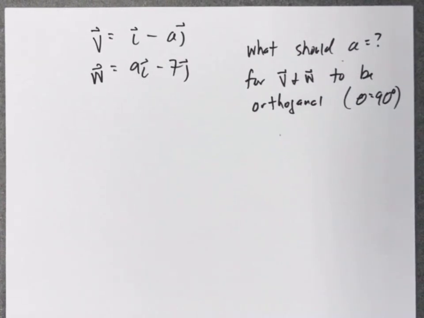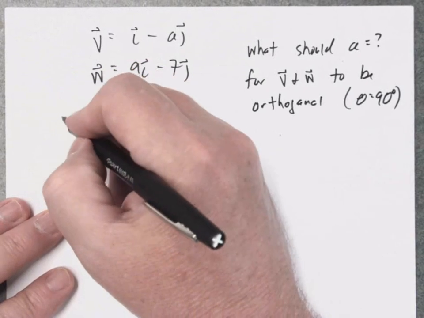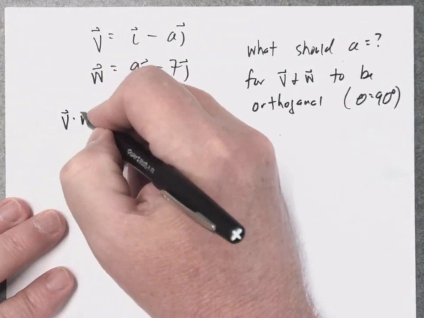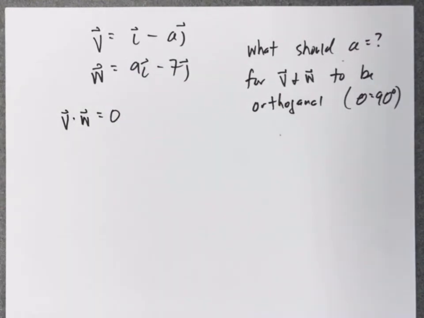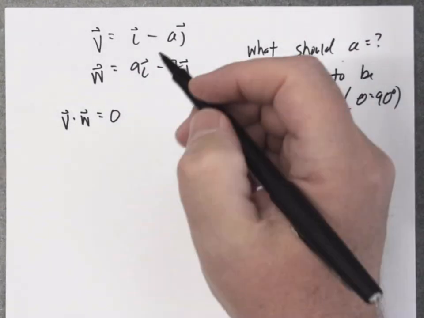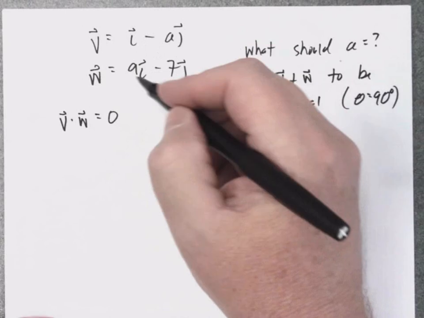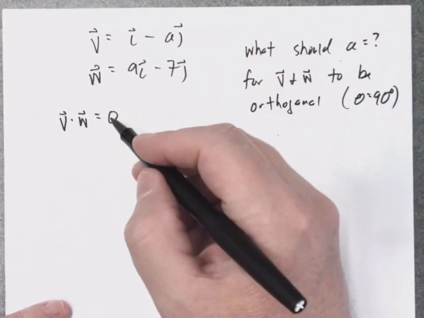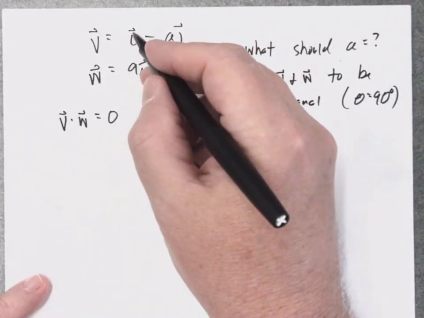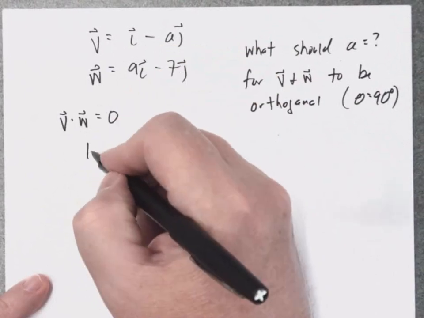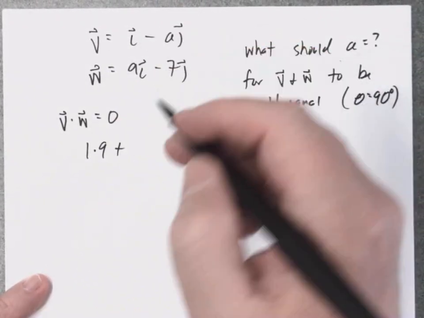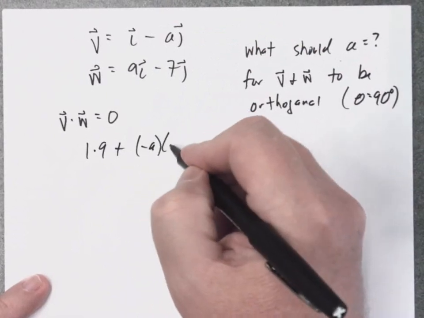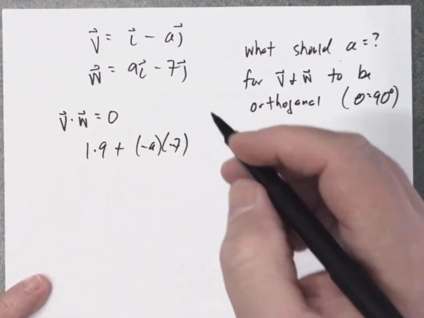Well, if you remember, for orthogonal vectors, or for the angle to be 90 degrees, the dot product has to be 0. So let's calculate the dot product and set it equal to 0. The i part's 1 times 9 plus -A times -7. There's the dot product.